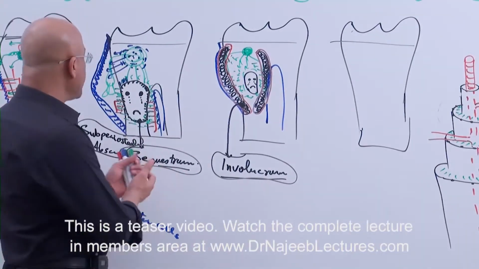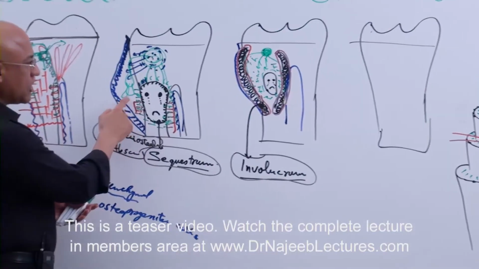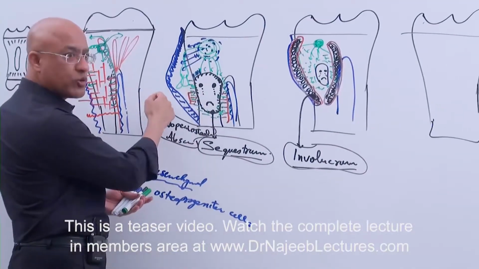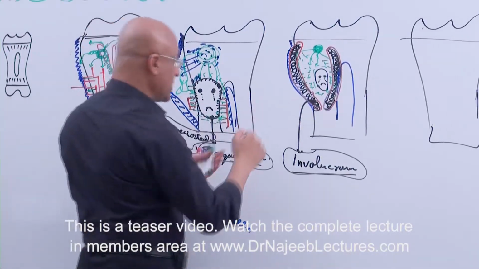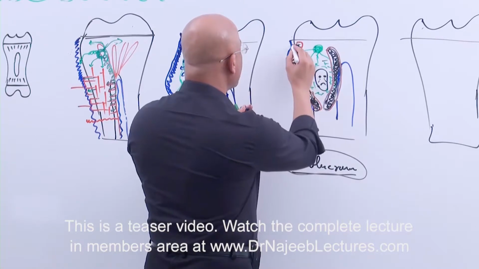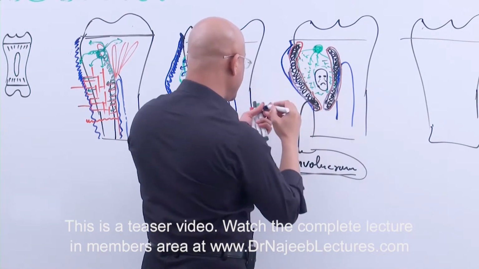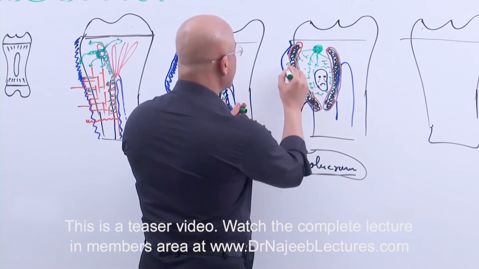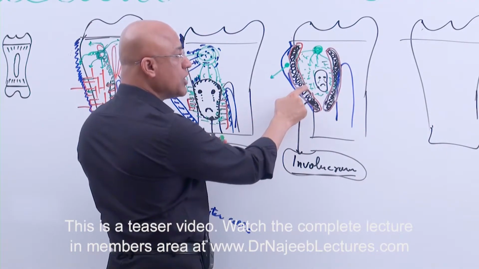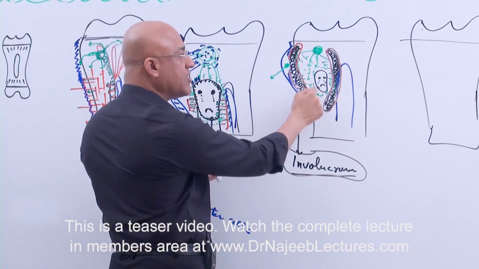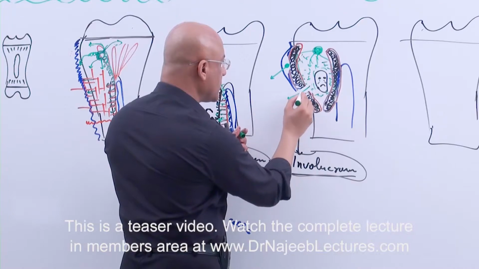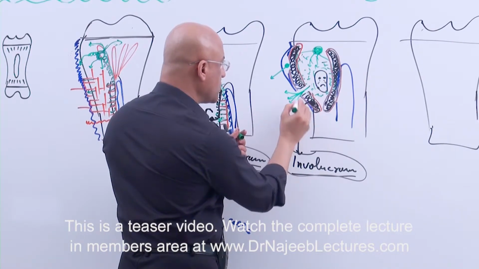Eventually, subperiosteal pus or abscess may rupture into soft tissue, into surrounding muscles. If there was a subperiosteal abscess, that will rupture outside, and eventually some part of involucrum will be digested by this pus, and pus will come out through this to the soft tissue.